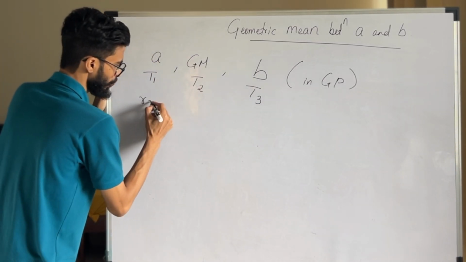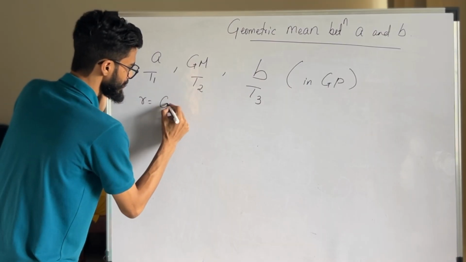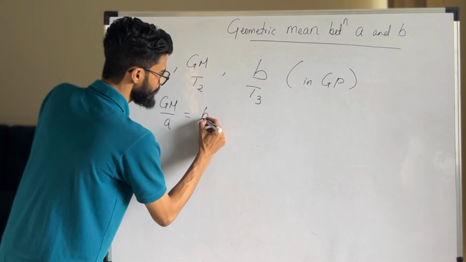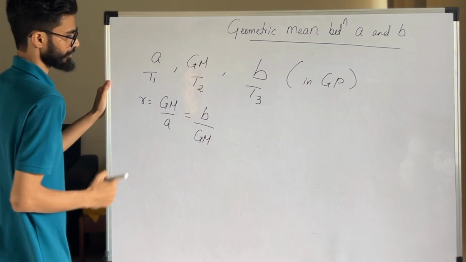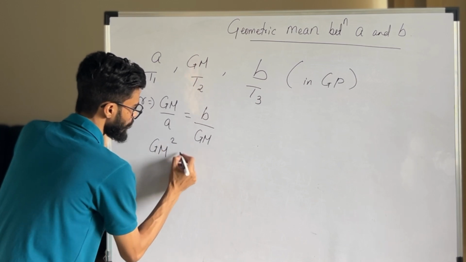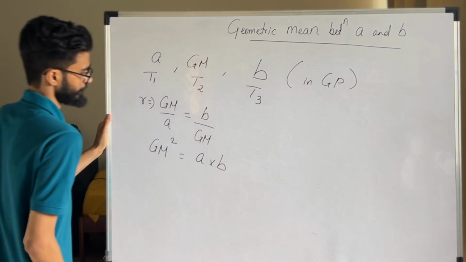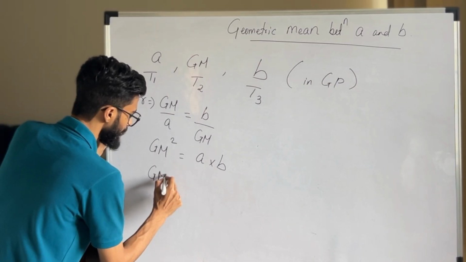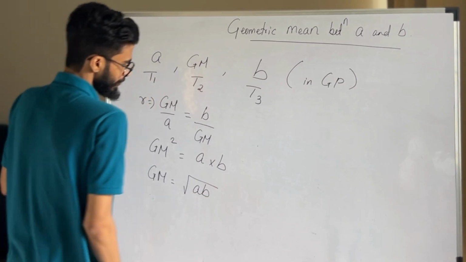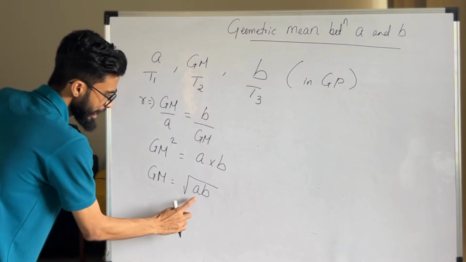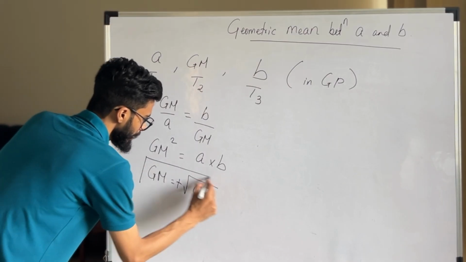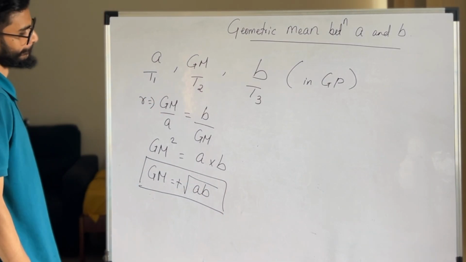Will the common ratio, which is T2 by T1, which is geometric mean by A, be equal to T3 by T2, which is B upon geometric mean? Now if I adjust this, I am getting geometric mean squared is A into B. So therefore my geometric mean value will be square root of AB, and for square root to be positive, A and B terms have to be positive. So this geometric mean will be plus of square root AB.